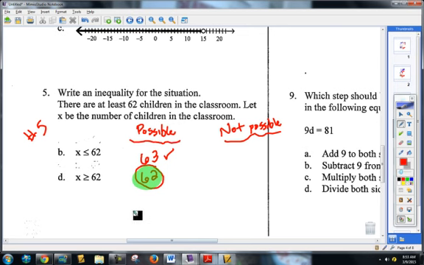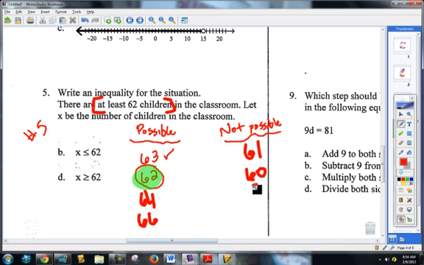Give me some other possibilities of how many kids are in the room. Yes? 61. There could be 61, guys? No. If there's at least 62, actually this would be where 61 goes. Now 64, 66. Give me some not possibles then. Yeah, 60.